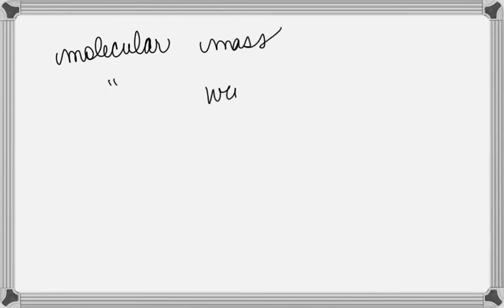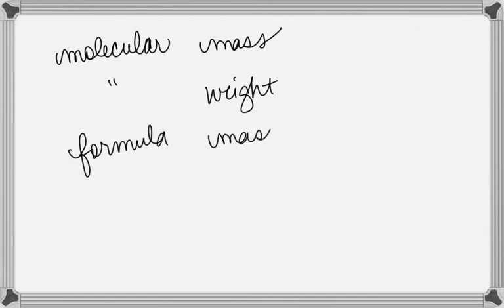So, we're going to start by learning how to calculate something called a molecular mass, also called a molecular weight, also called a formula mass, also called a formula weight. Okay?